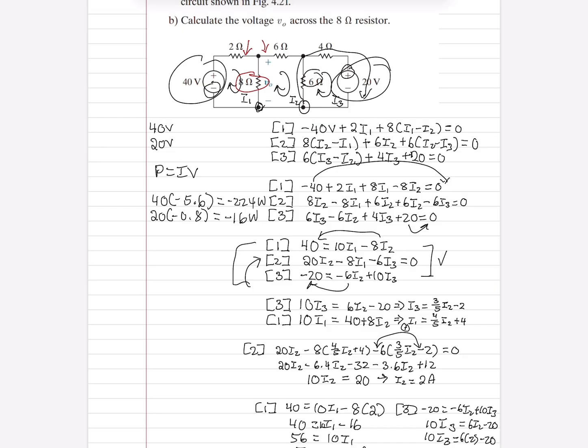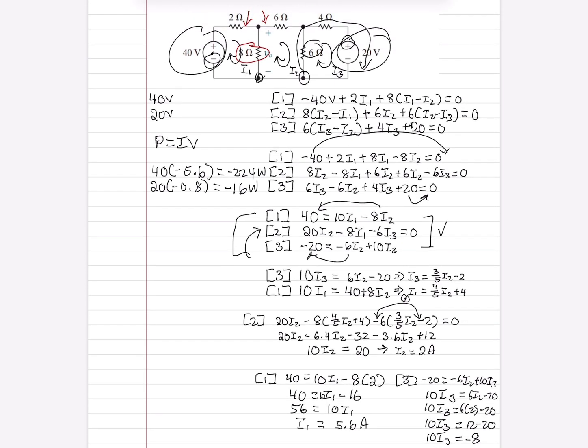And for those of you wondering why I made 5.6 negative, it's because if you look at the mesh over here, I'm going to clean this picture up, it travels from negative to positive, so it goes in the negative and goes out the positive.